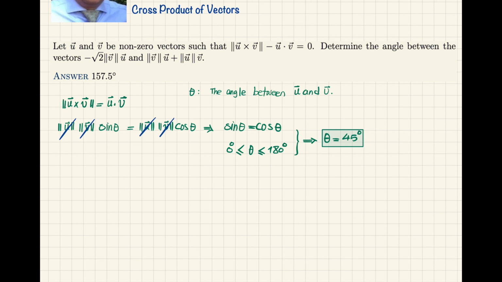So what happens? It would be a vector parallel to u, but in the opposite direction, whose length is equal to the absolute value of this number multiplied by the length of u. But here you will see, in the reason that I am clarifying right now, you don't need to know about the lengths.